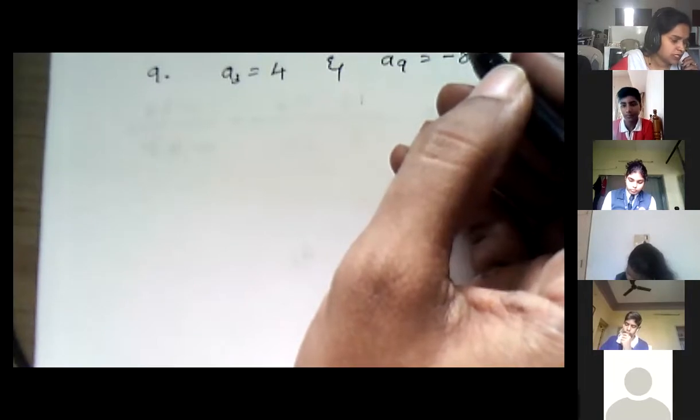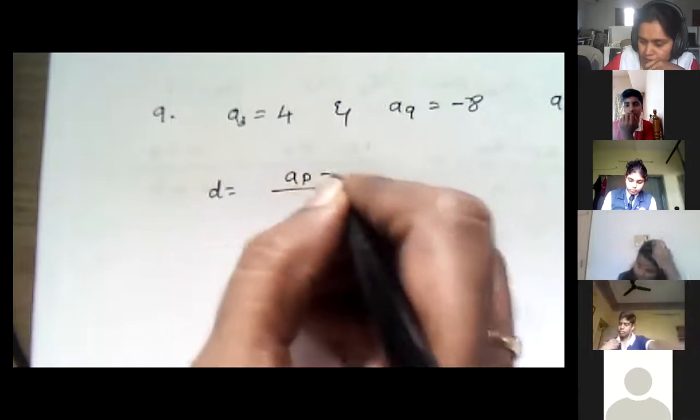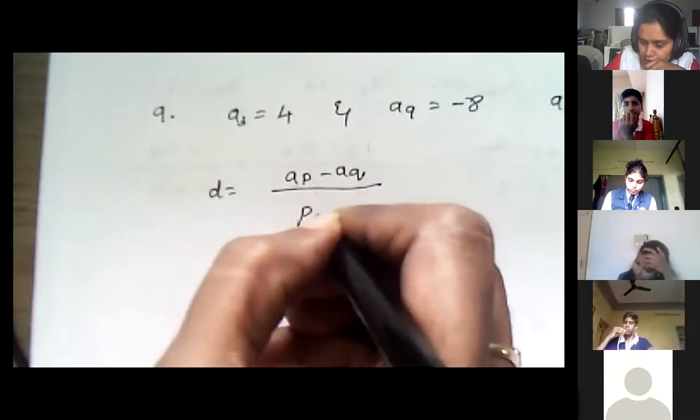What will we find first? Which term is zero, that is, An equals 0, and we need to find n. First we'll find D. D equals (Ap minus Aq) divided by (p minus q).